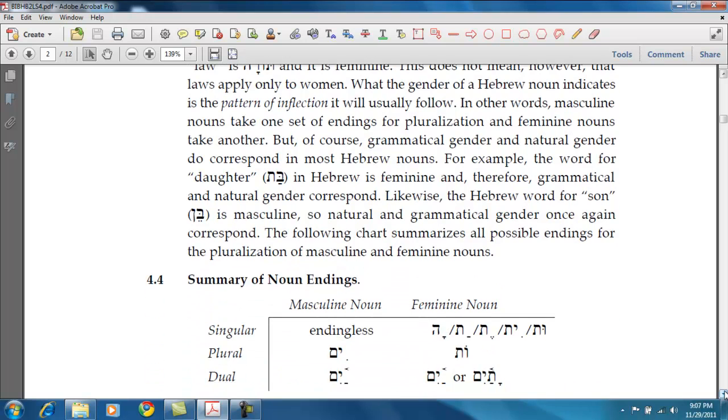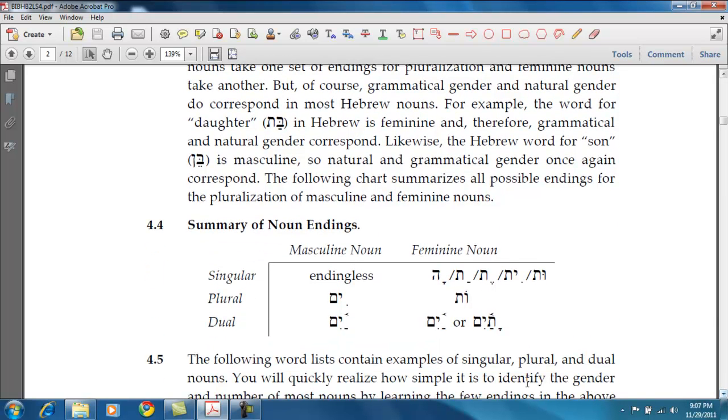So when you get into the summary of noun endings, we see that masculine singular usually doesn't have an ending on it to show you that it's masculine, whereas feminine does. Feminine singular has either kametz hey, or patach tav, or segol tav, hirik yod tav, or a shuruk tav: ut and eat and et and at and ah.